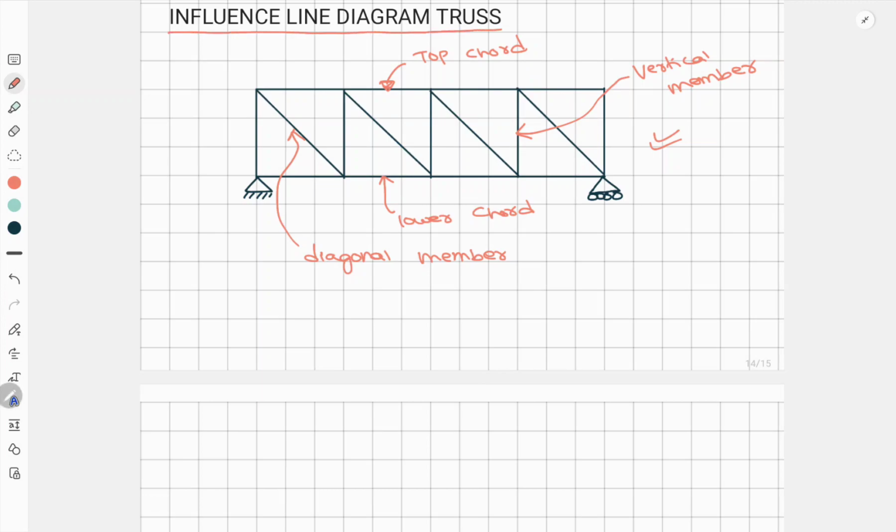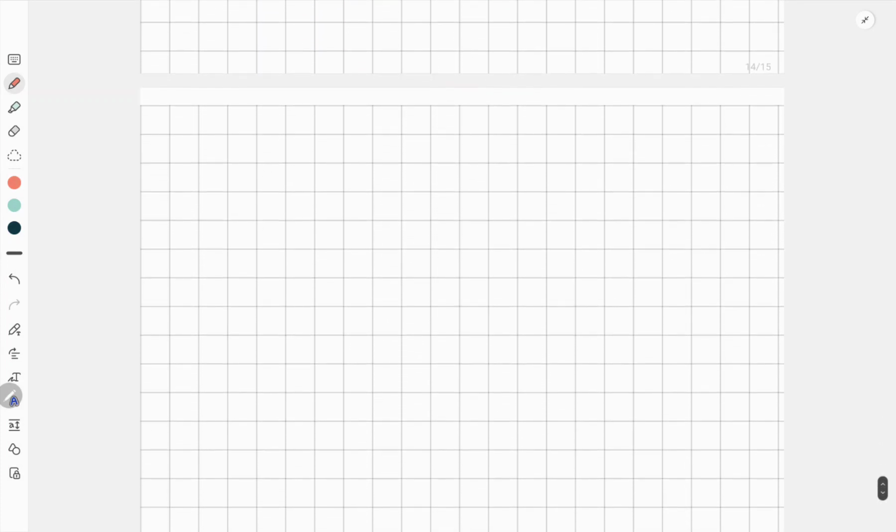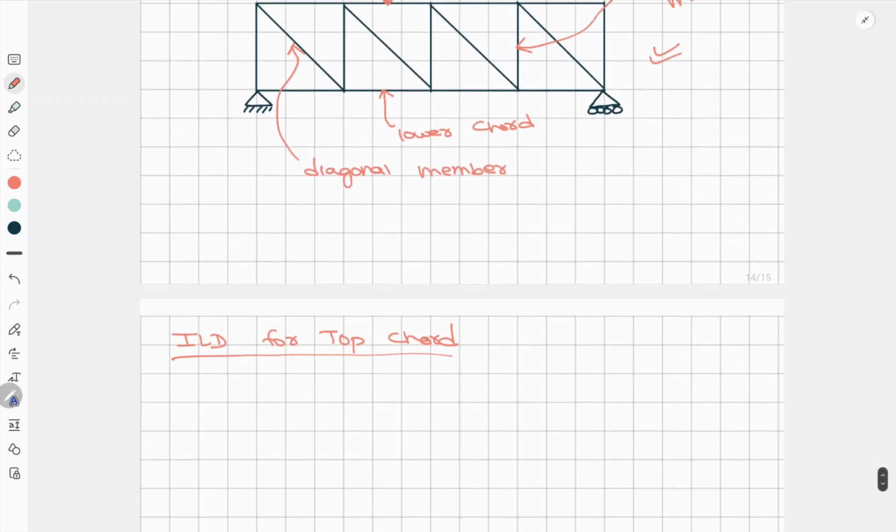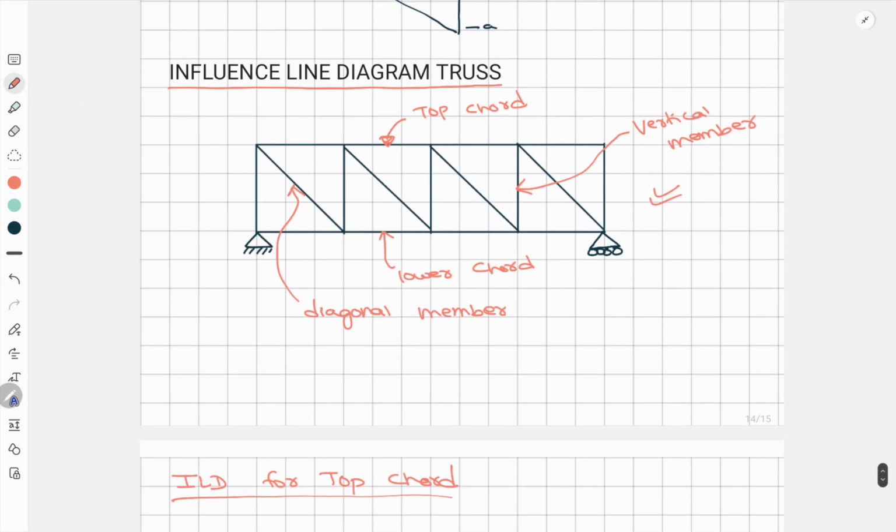truss in case of the upper or top chord, so here I'll draw the ILD for top chord. Here we are aware of which part of the truss is known as the top chord. These are the top chord members of this truss.